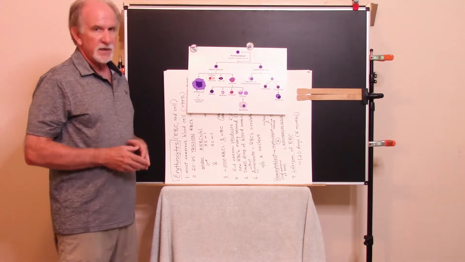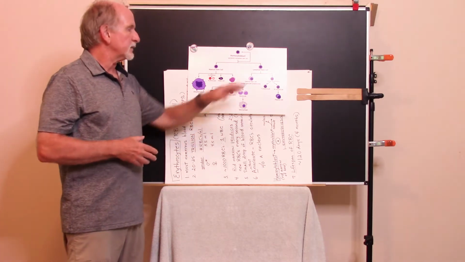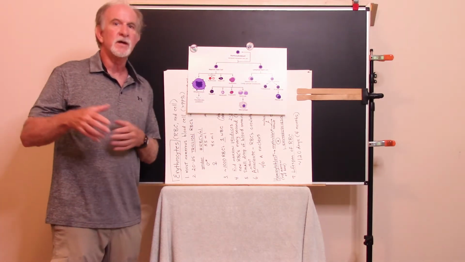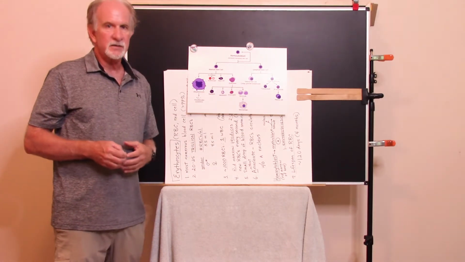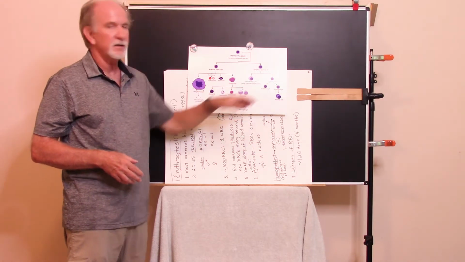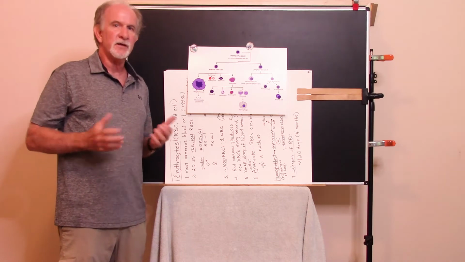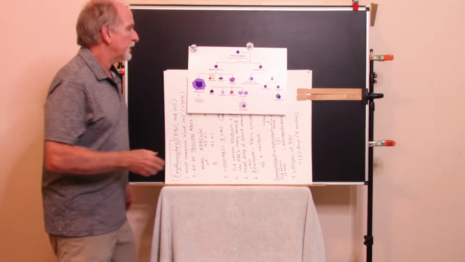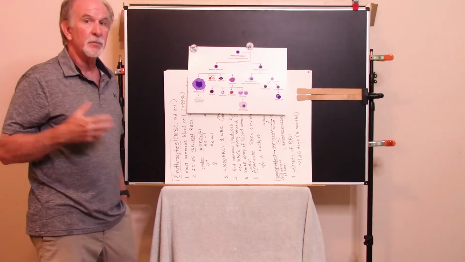The lymphoid stem cells will differentiate into what are known as lymphocytes. Lymphocytes are another type of white blood cell. There's 2 types of lymphocytes that we'll be looking at: the T lymphocytes and the B lymphocytes. And we'll find later that B lymphocytes, when they interact with antigens, convert to a type of white blood cell called a plasma cell.